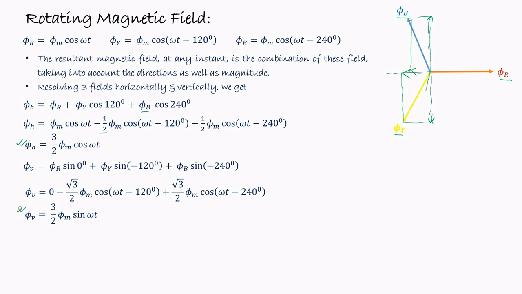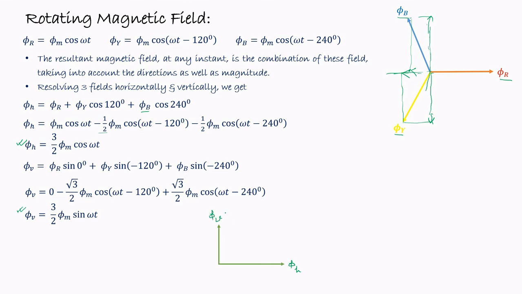So this is the vertical component of the resultant flux. Now draw these horizontal and vertical fluxes in a phasor diagram. So here it will be the horizontal flux, that is phi h, and this is the vertical part, that is phi v.